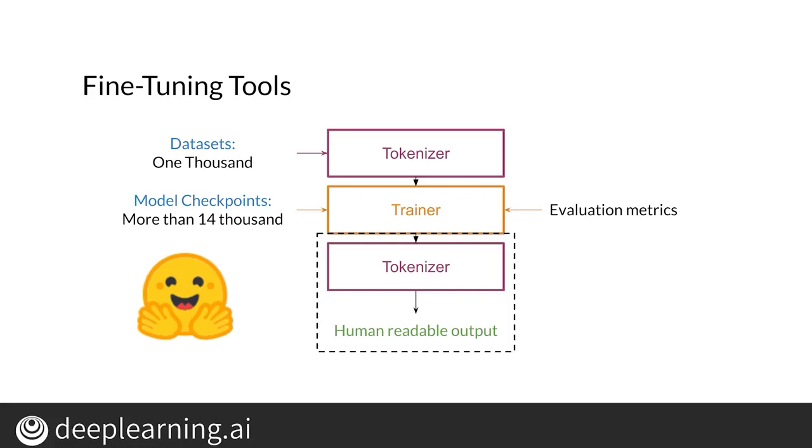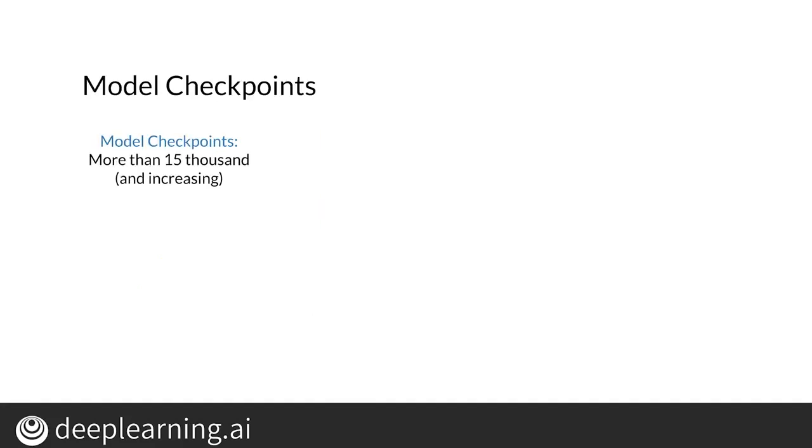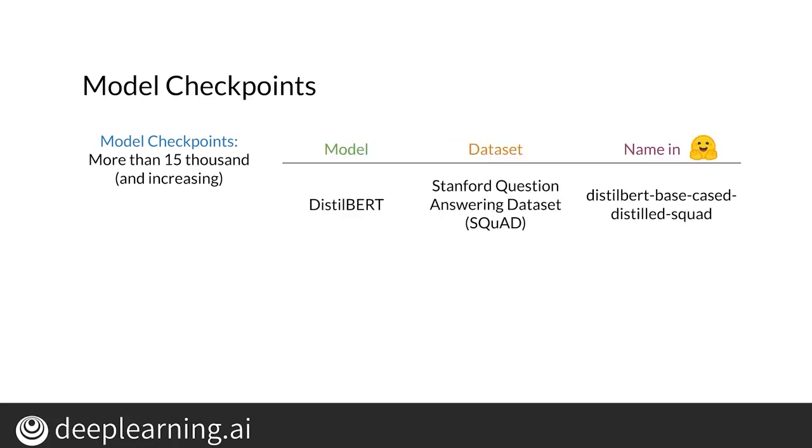Additionally, the trainer object lets you train your model without worrying about coding the training procedure. And as if it wasn't enough, it also has predefined metrics that you can use to evaluate your model's performance, which can integrate into the trainer object. Hugging Face has more than 15,000 model checkpoints that you can use as starting points for your fine-tuning process.